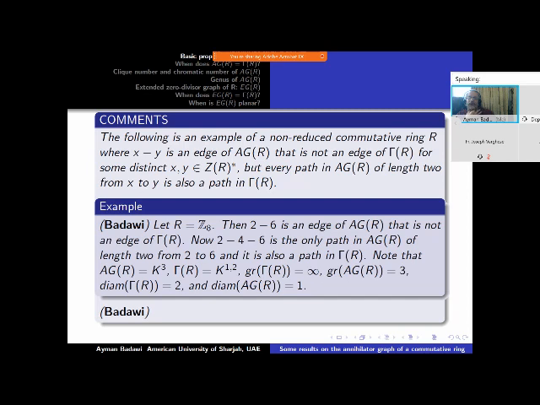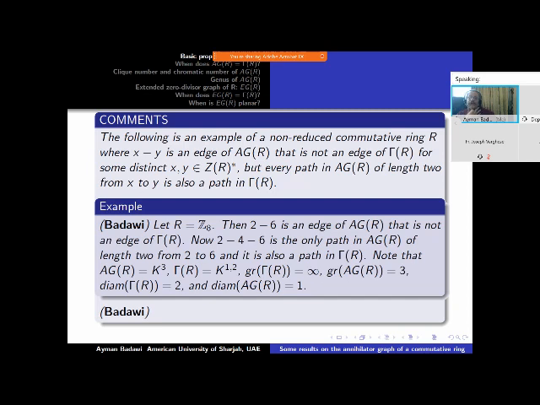The zero divisor graph is K1,2, a complete bipartite graph. The girth of the zero divisor graph for this ring is infinity. The girth for the annihilator graph is 3.